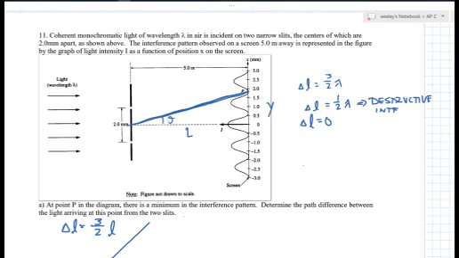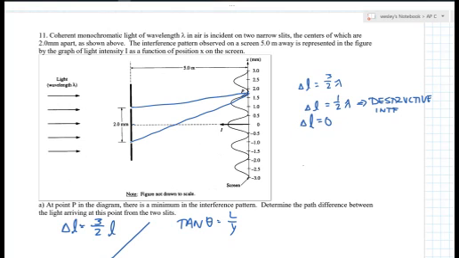Okay, so what we get here is that tangent of our angle is L over Y. The path length difference from here to here is d sine theta.